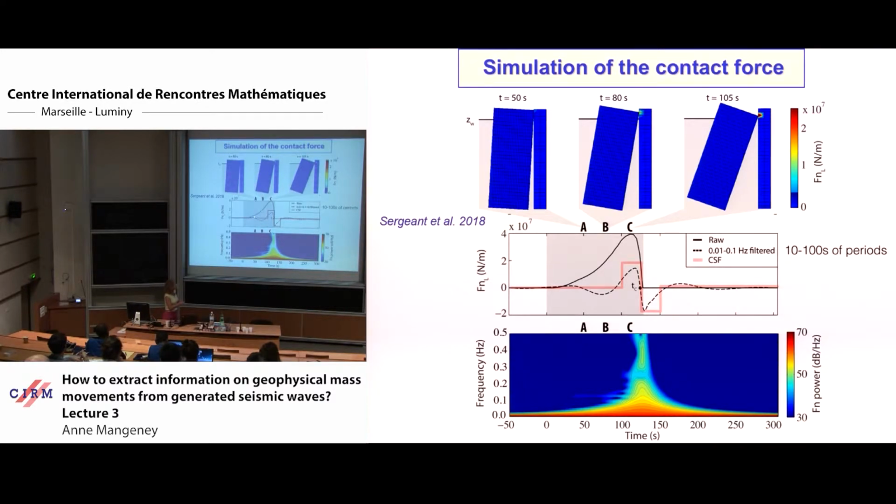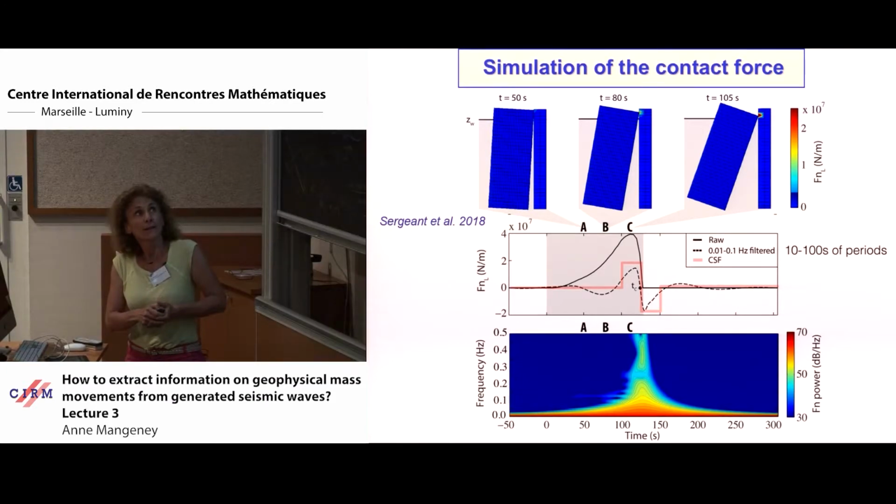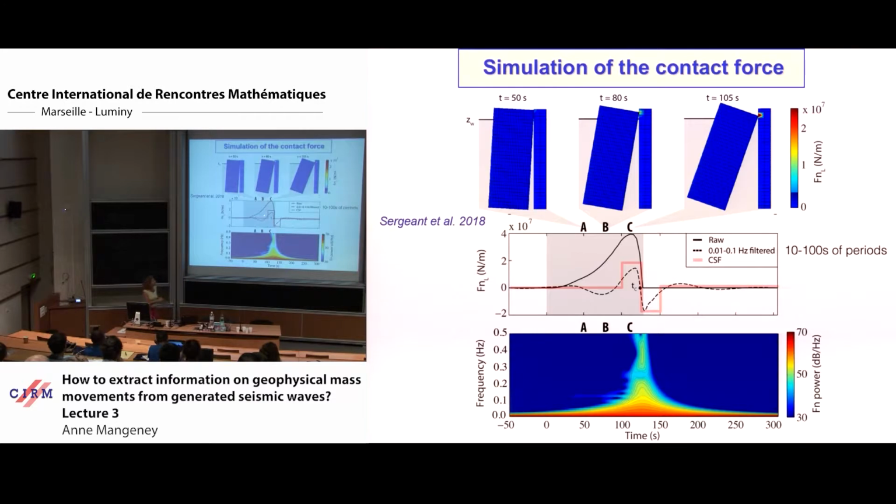If you have something that increases and decreases, and you filter in this frequency band, you get this signal. It's why people were thinking initially that it was something positive and negative. So it's just a filtering effect. Here is the frequency band of the simulation that we observe.